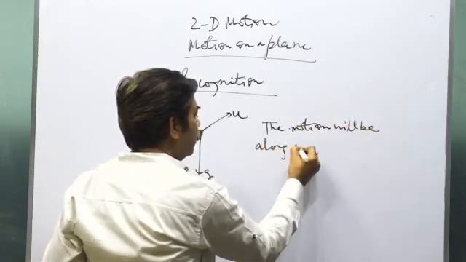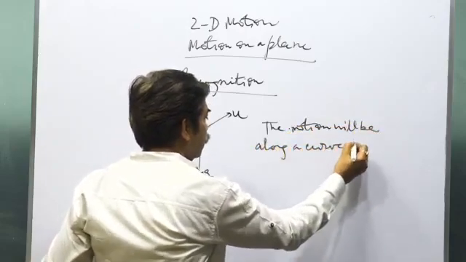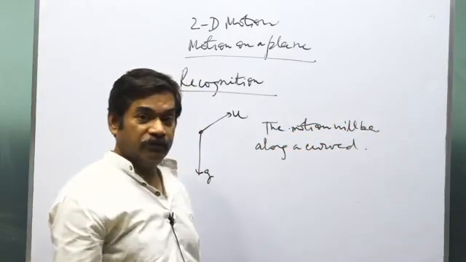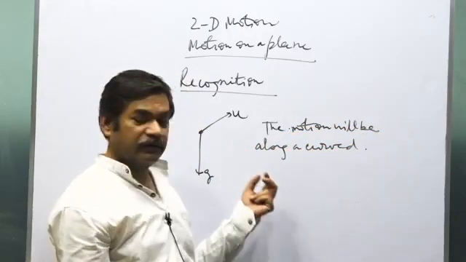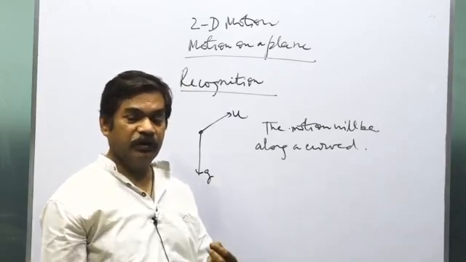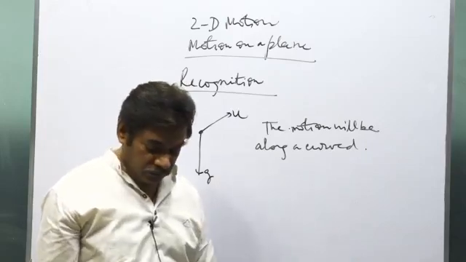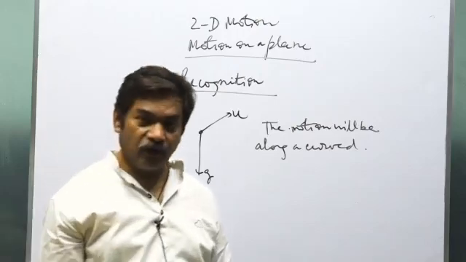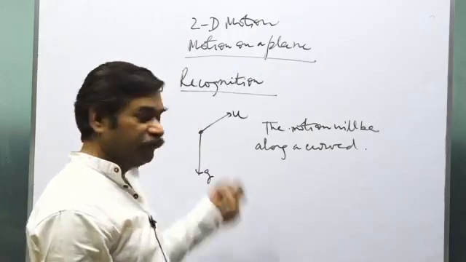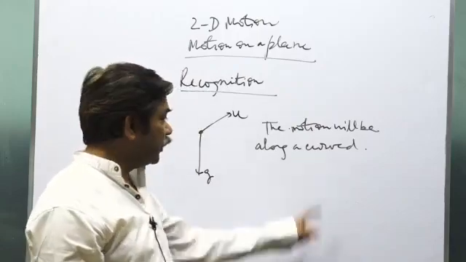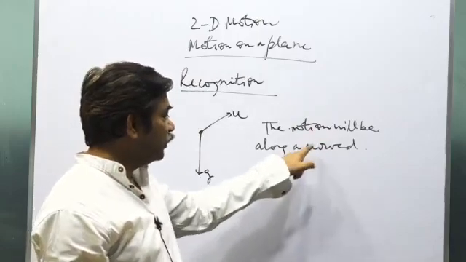Now as I told you, in physics we have some scientific facts, some discovered facts, some fundamental laws. First of all, we understand that law, then we apply that law in different kinds of physical situations. So like I concluded, the motion will be along a curved path.